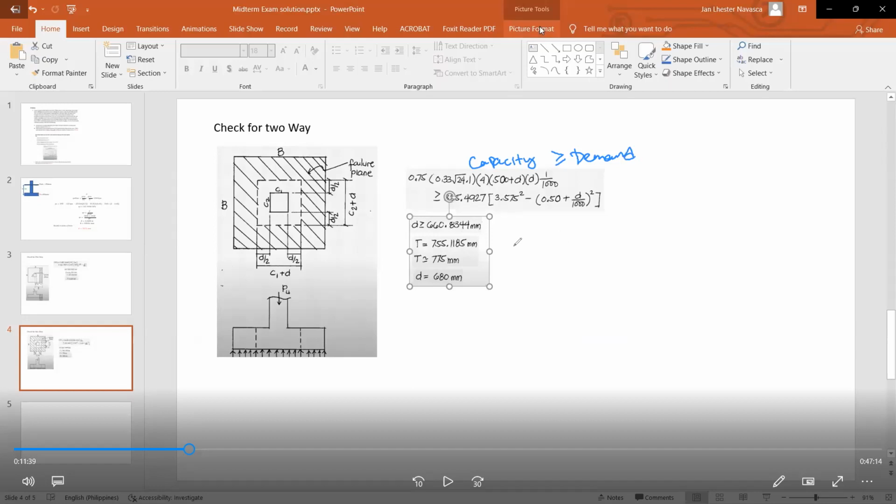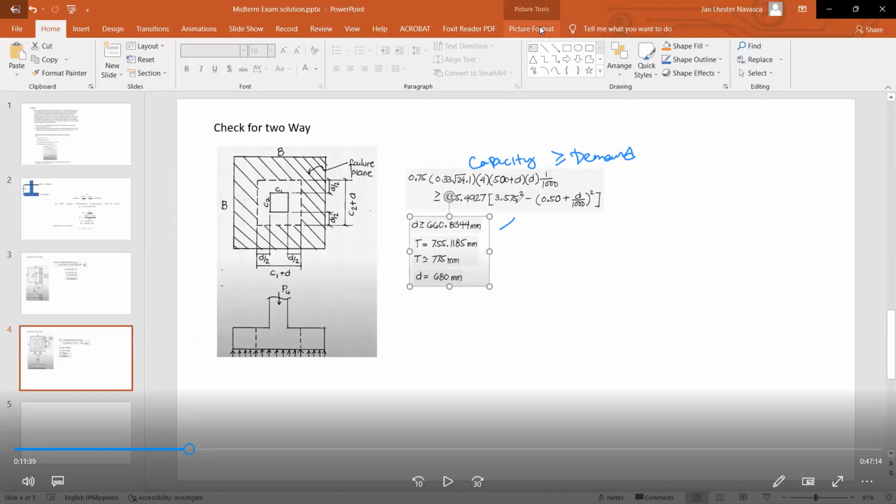Okay, so therefore, in terms of D again, just solve in terms of unknown D. You can now have your effective depth, which is 660.8344. I think that is a quadratic equation nata to. So you can use your Casio 991 ES or 570 ES or your scientific calculator.